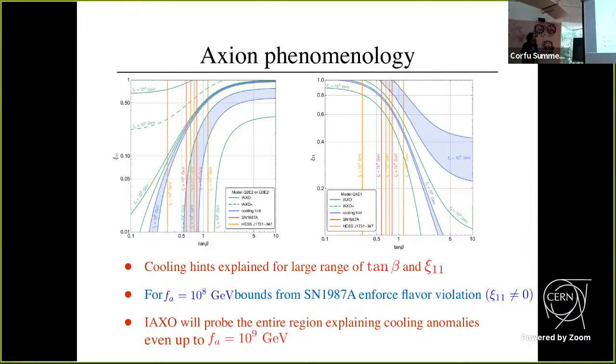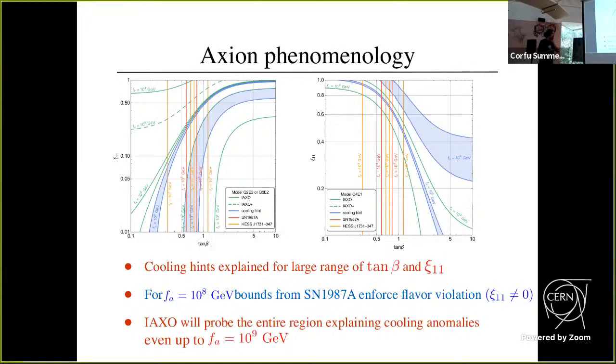Moreover, if we go to Fa of order 10 to 8, then the cooling hint consistent with supernova bounds is this small region of tan beta. So we see that psi11 has to be necessarily different from 0 or 1. So basically bounds from supernova enforce some flavor violation, and it will lead to Higgs physics.